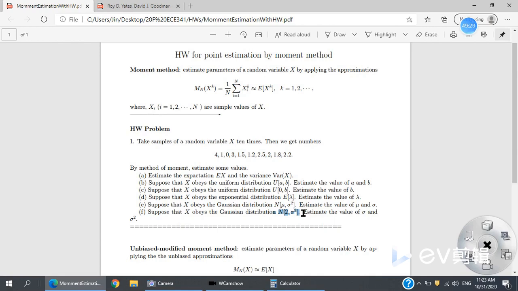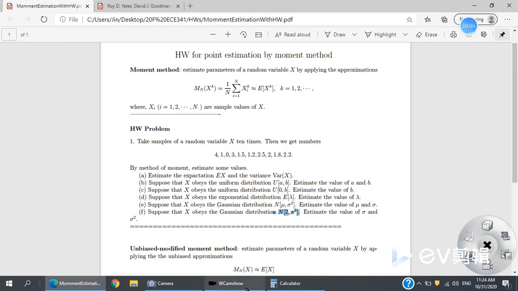We cannot use this one. This is given. This will be sigma squared, which we want to estimate.